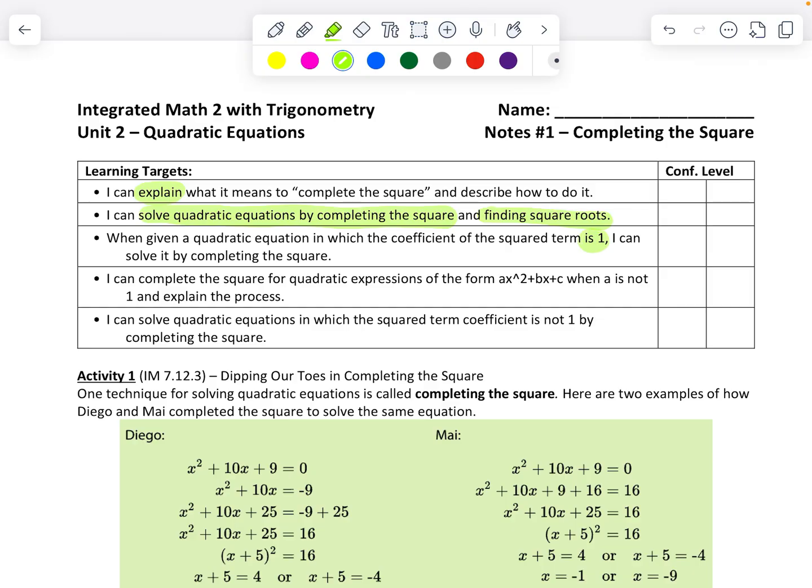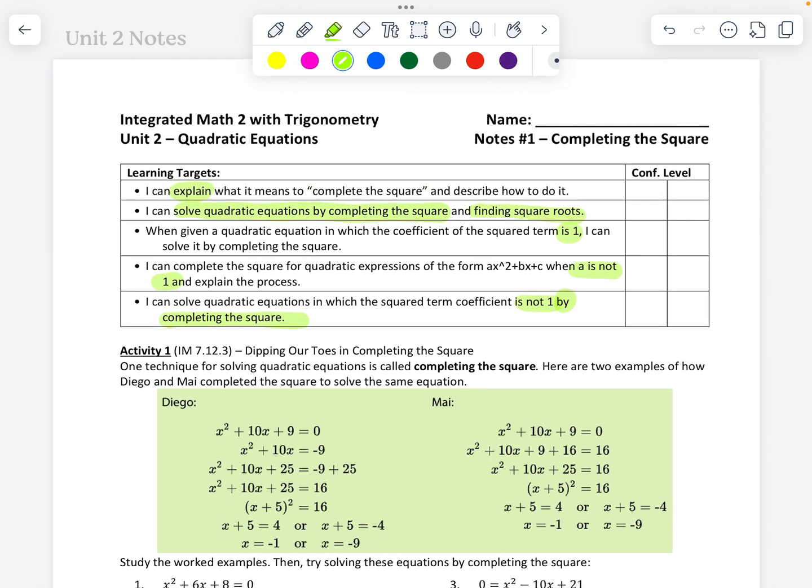And then also when a is not 1. And then solving quadratics in which the square term coefficient is not 1 by completing the square. So basically you want to know how to complete the square when the a value is 1 and also when it's not 1.